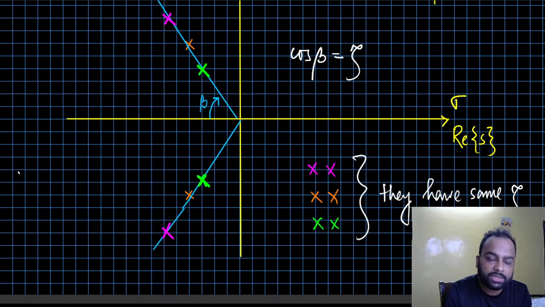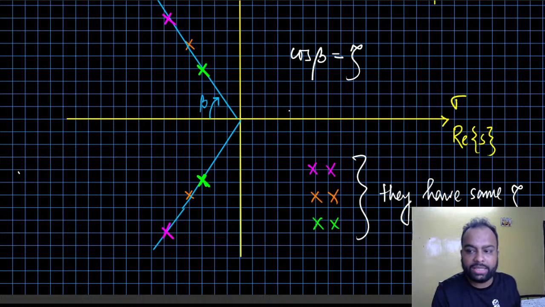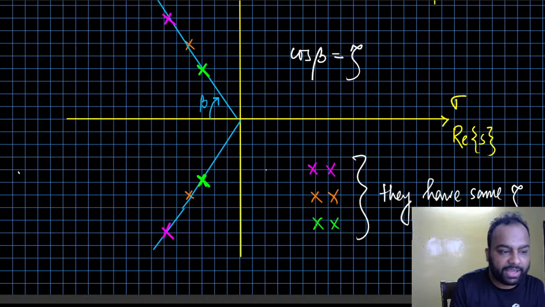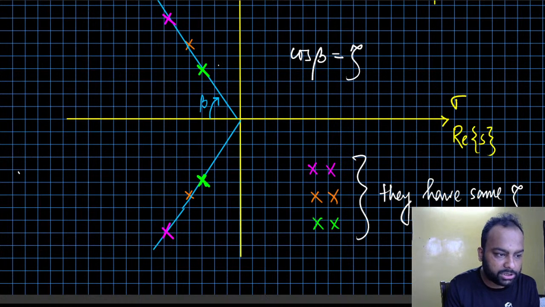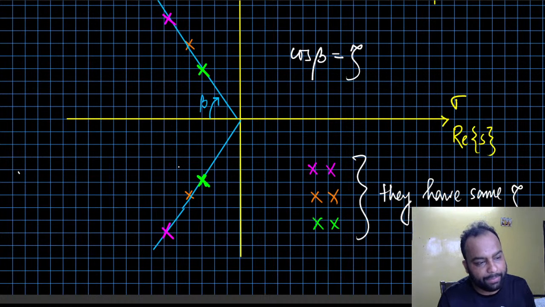Because the angle these poles are making with the origin is the same, the beta angle is the same, and cosine beta is zeta, so they have the same damping ratio. If I construct a system with these two poles or these two poles or these two poles, they would have the same damping ratio. I think I made this clear, right?